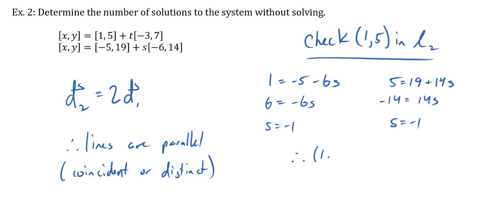Therefore, (1, 5) is on L2. Therefore, the lines are coincident.